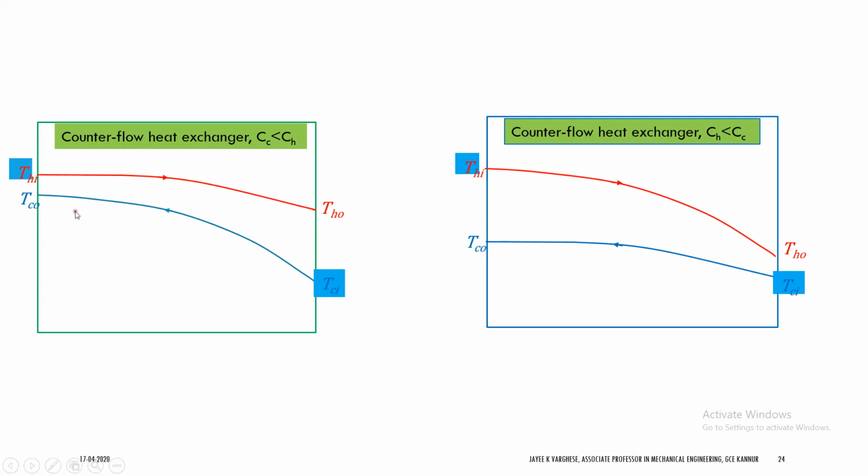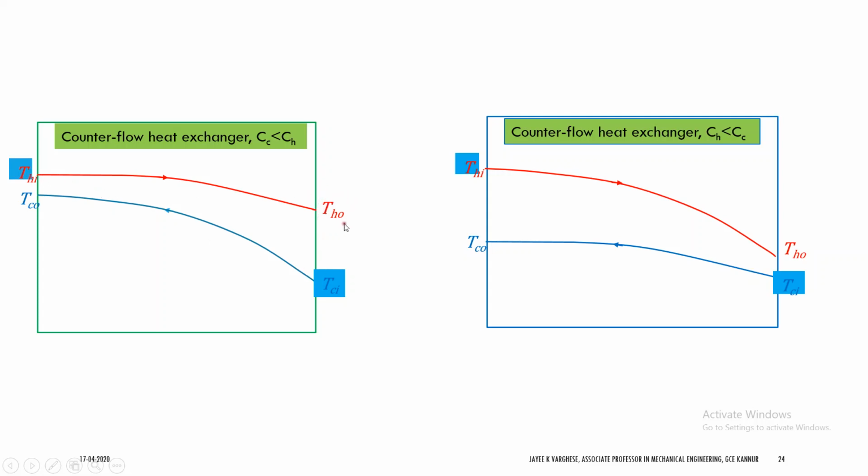Why? Because under steady state conditions the mass flow rate should be the same, and also the inlet temperatures of the hot fluid and cold fluid should be the same. Now what about the outlet temperatures? The parameters known to us are the inlet temperature of the hot fluid as well as the inlet temperature of the cold fluid, and also the mass flow rates are known.